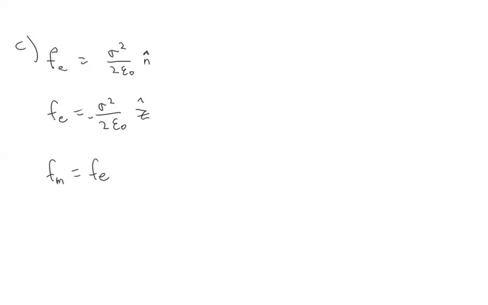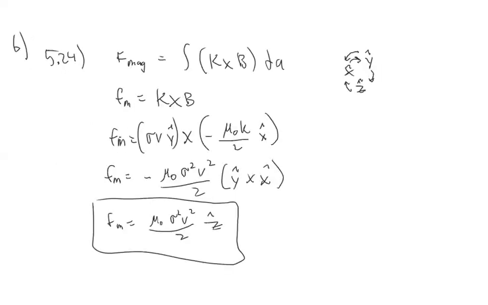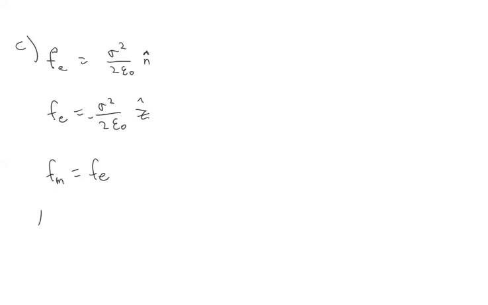So, going back to part B, we have mu naught sigma squared v squared over 2 is equal to sigma squared over 2 epsilon naught.